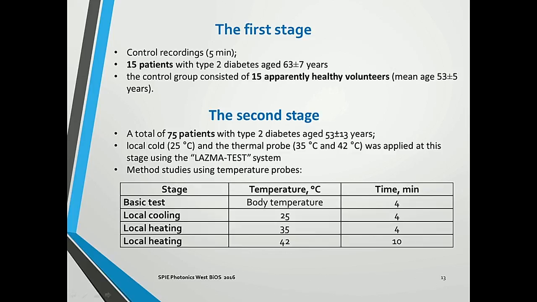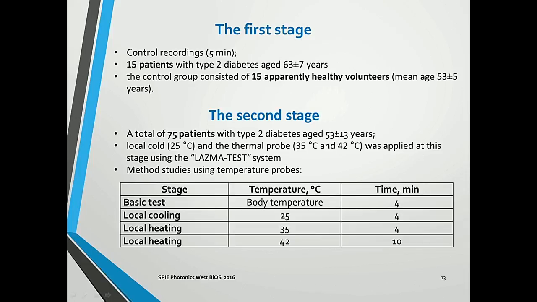The second stage was a total of 75 patients with type 2 diabetes, age 53, and they underwent the temperature functional test, which was cold, 25 degrees, then 35 heating, and 45 degrees.